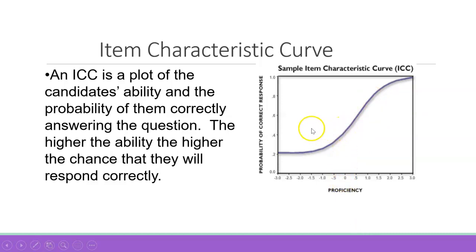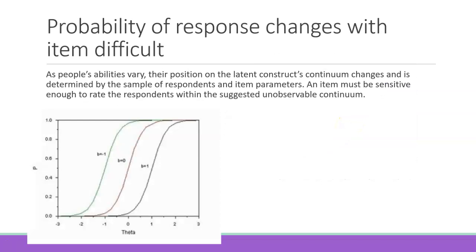And we can see we would go over here, and it's about 50-50 on this example curve. So people with about 50% proficiency, right in the middle of our ability level, have about a 50-50 shot of answering this item correctly or endorsing this item.